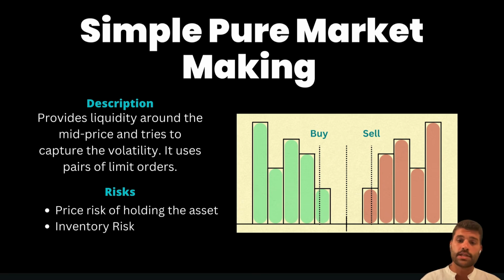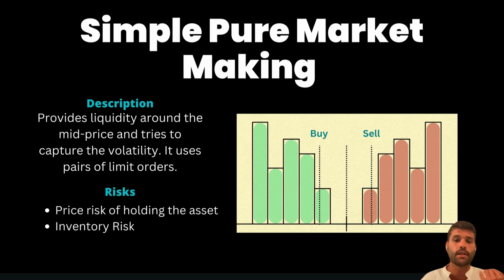The inventory risk is a huge problem in market making, and a lot of papers are trying to solve this, for example the paper of Avellaneda Stoikov. When you are placing the two orders around the price, or ten levels of orders, or you can place as many orders as you want, every time that you get a fill, for example a buy order, your inventory is changing.